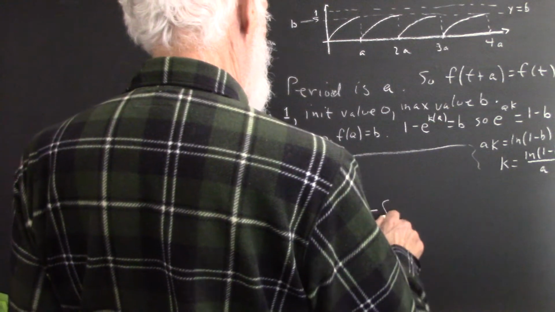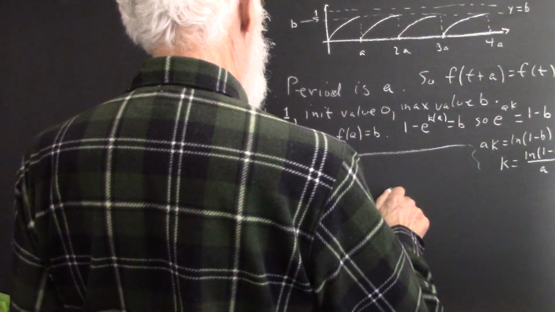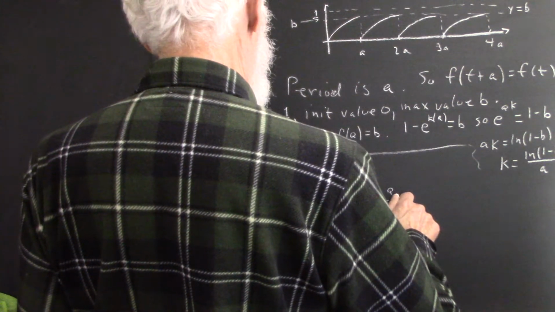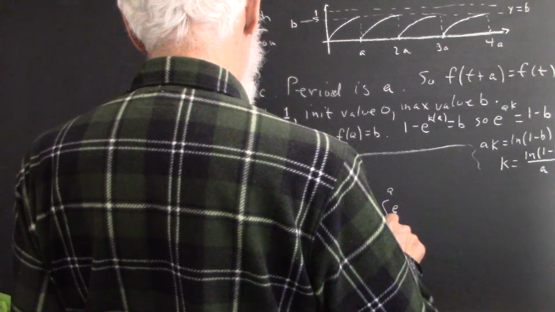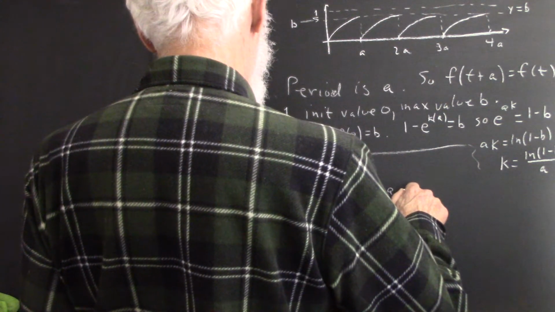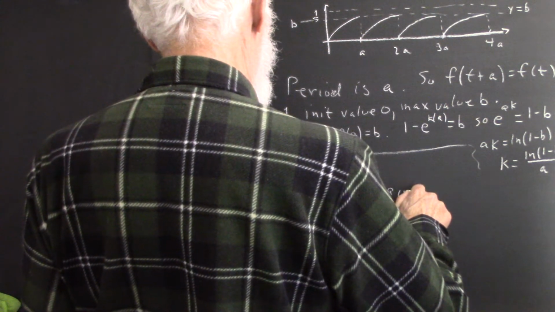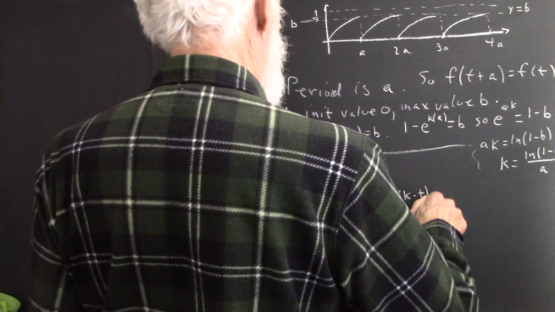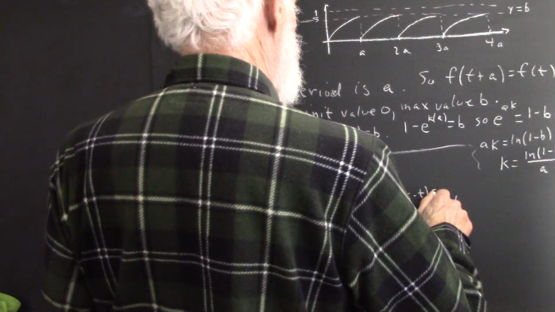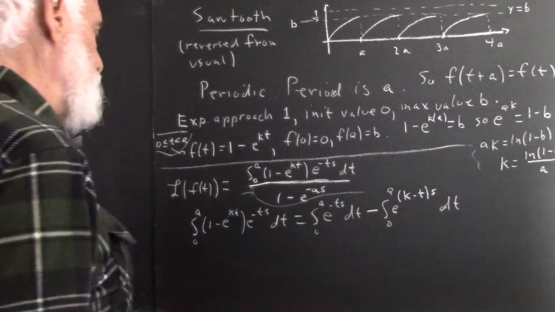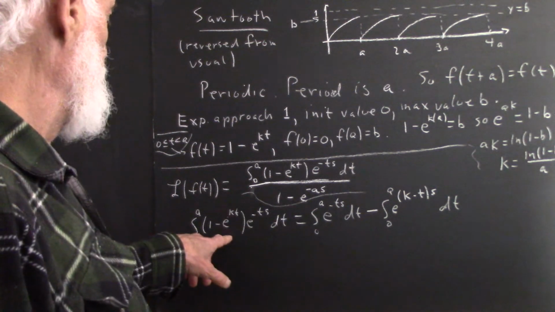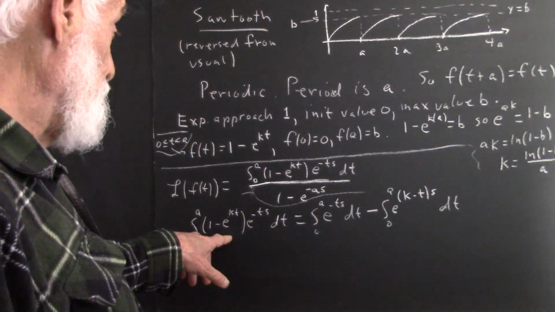Anyhow, from then, integral from 0 to a of e to the k minus t s dt, noting that k is a negative constant. And make sure I've got my signs right.